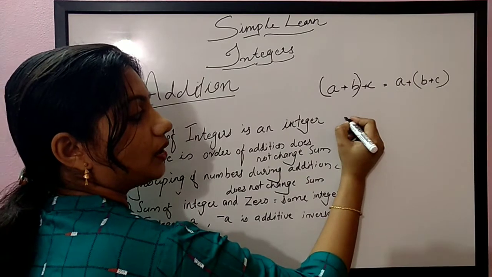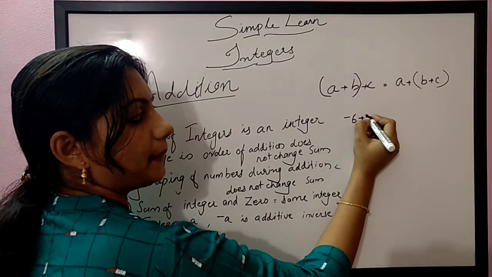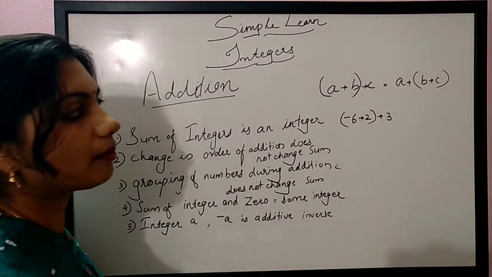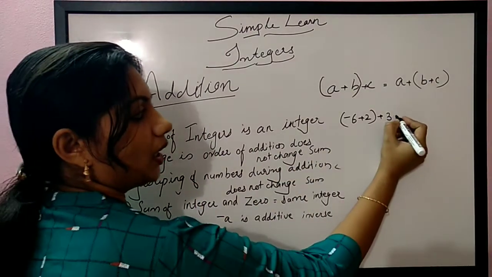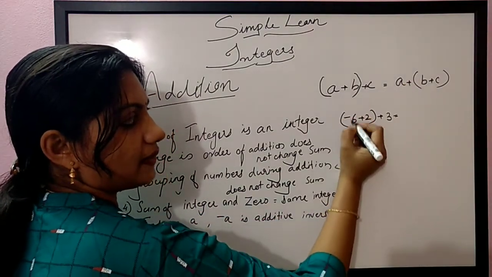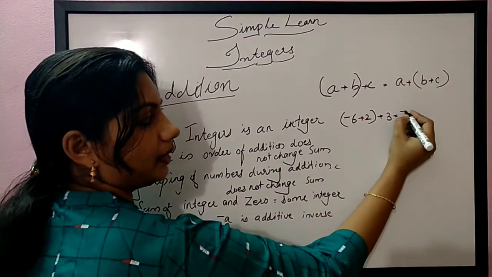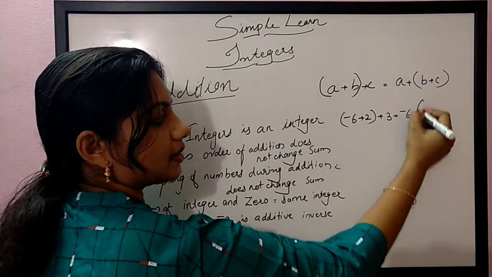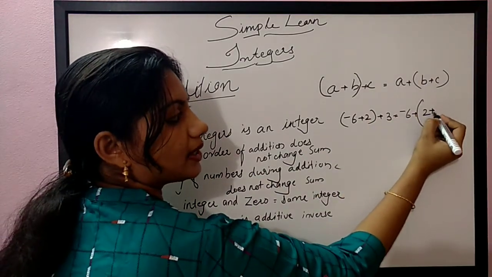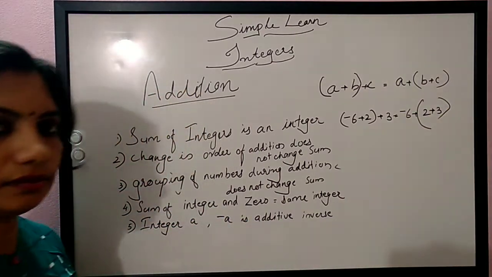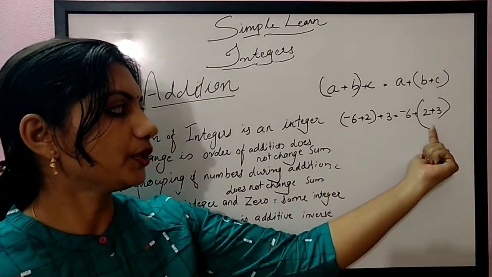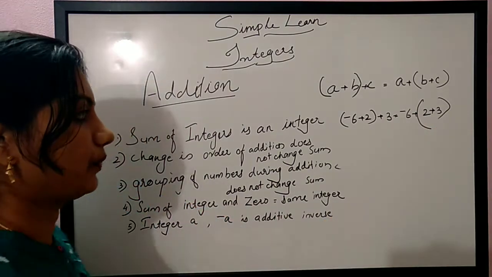Okay. So here negative 6 plus 2 plus 3, I just took a number C as 3, is equal to negative 6 as A, negative 6 plus, what are the next numbers? 2 plus 3. This is grouping. Here I grouped negative 6 and 2. Here I grouped 2 and 3.